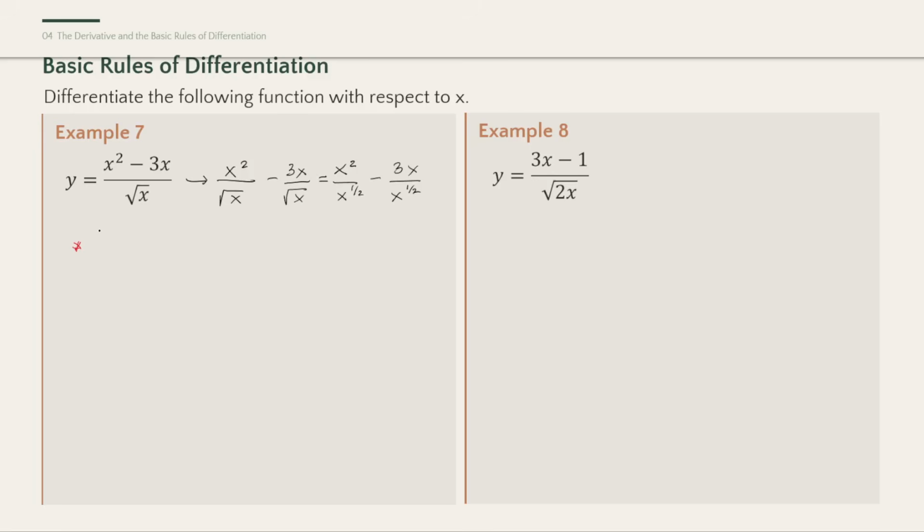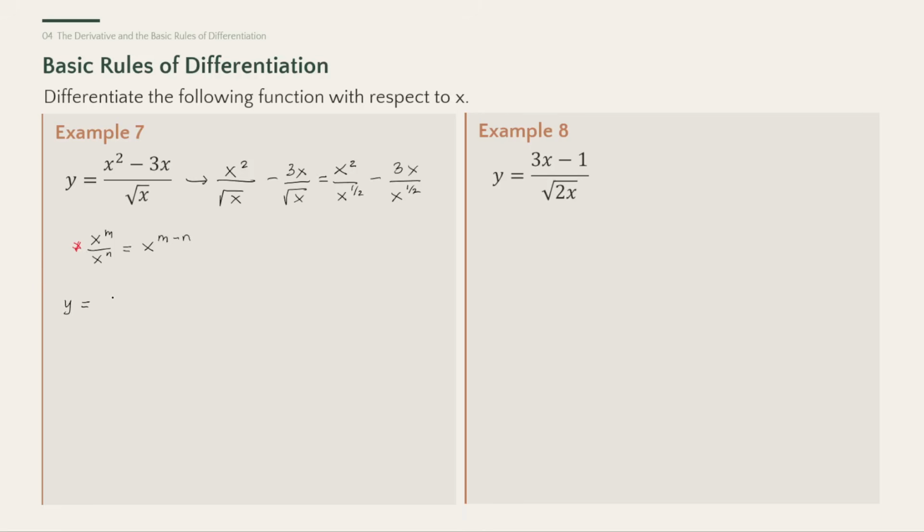Specifically, the one that deals with quotients. If you have x raised to m over x raised to n, it can be simplified by the law of exponents: we subtract the exponents. So that is also applicable here.